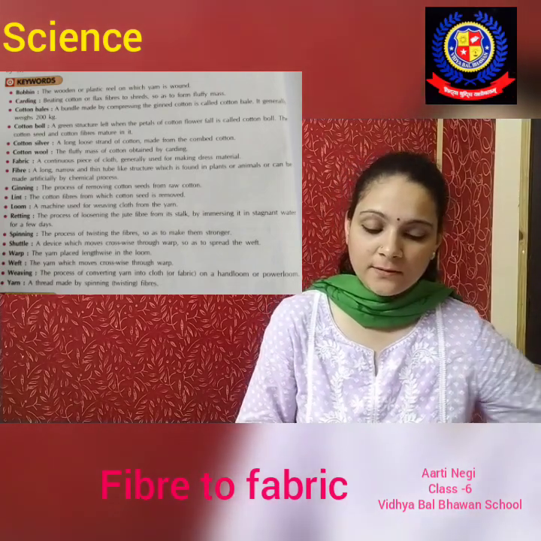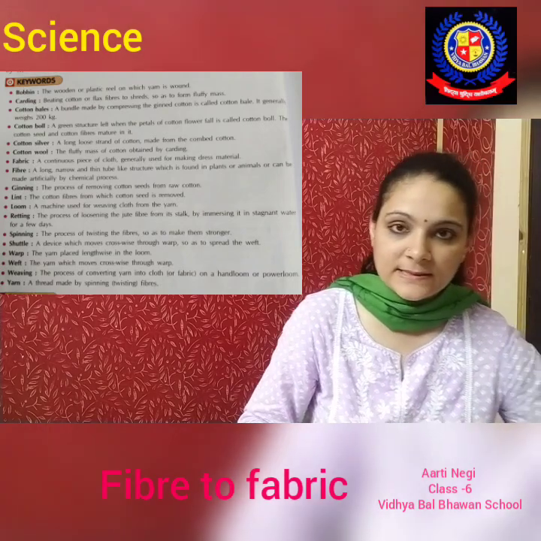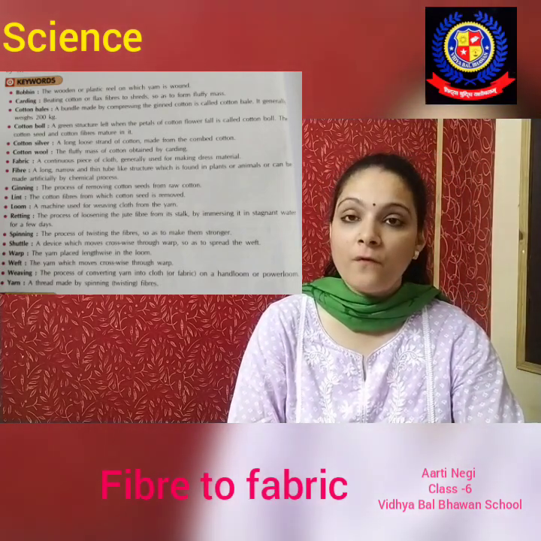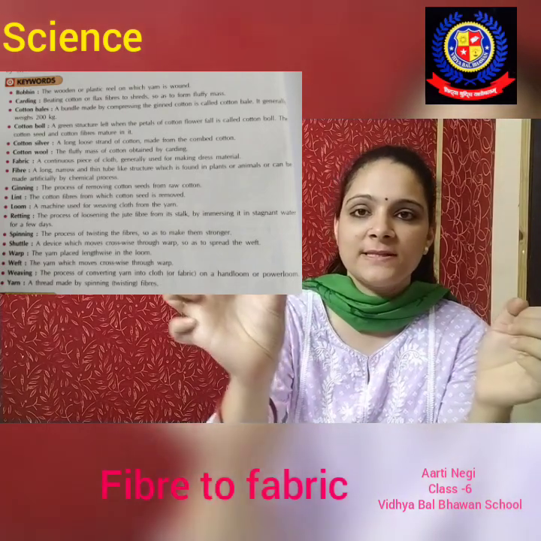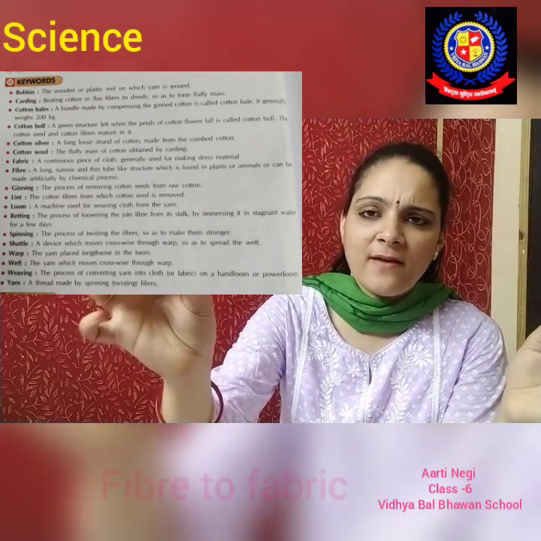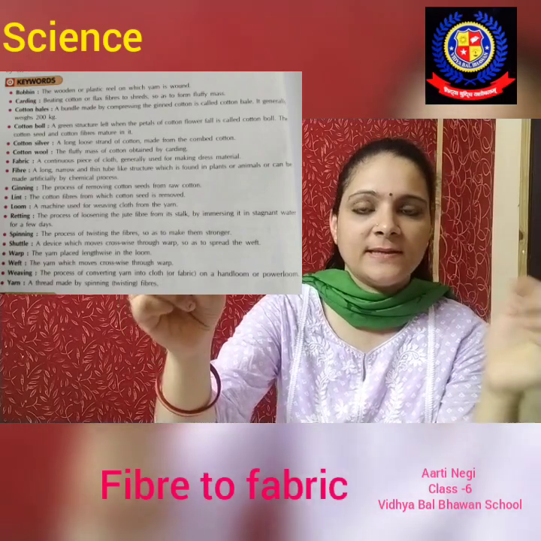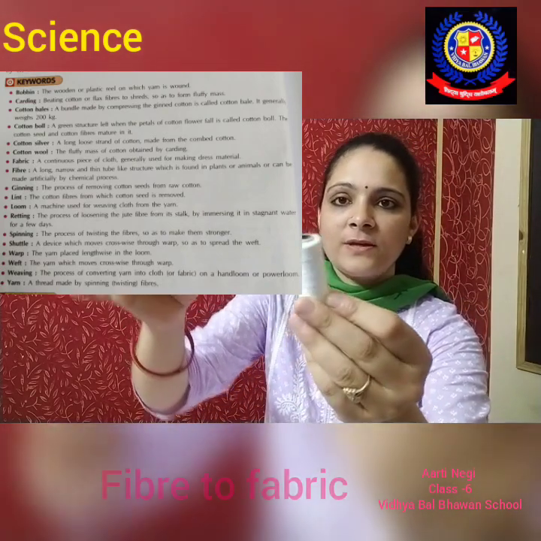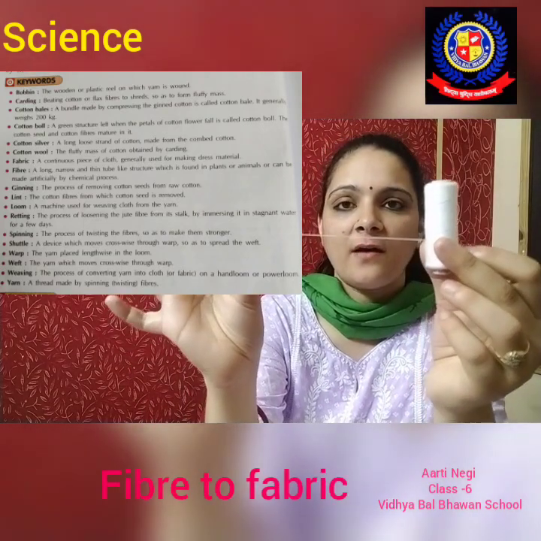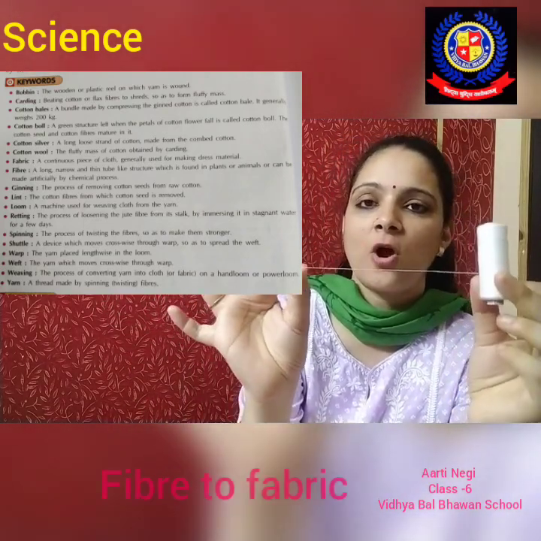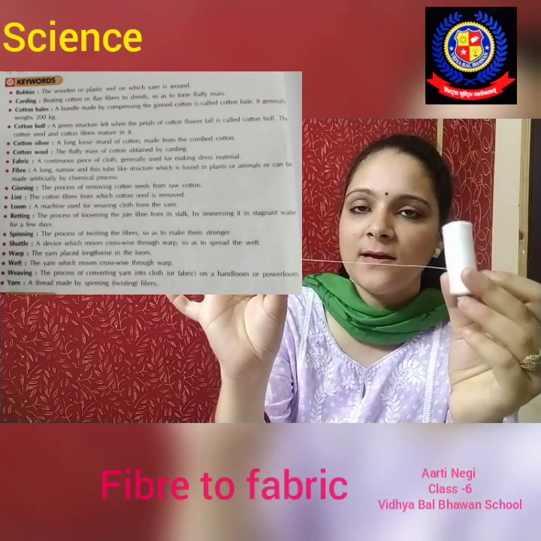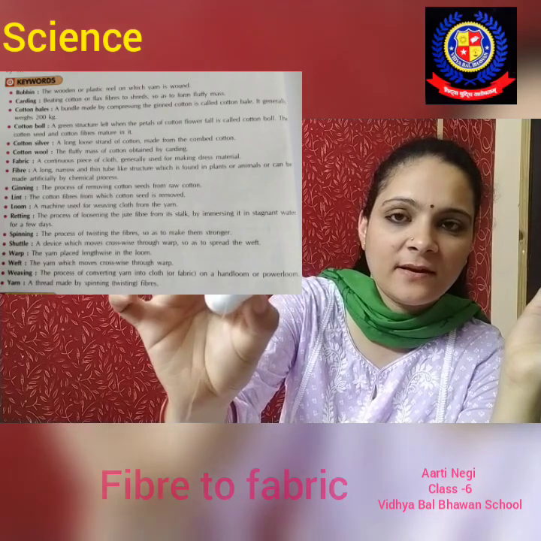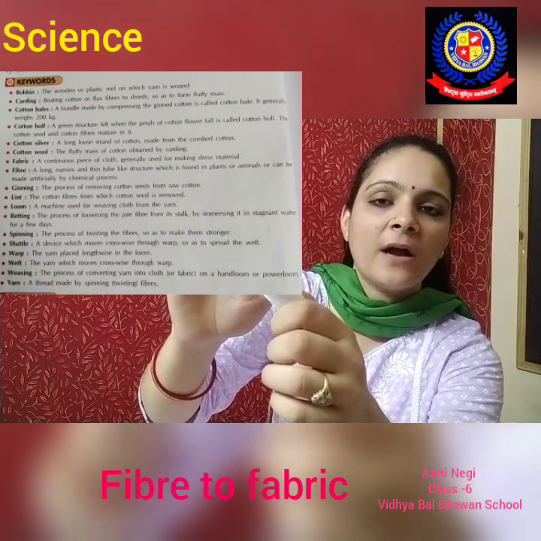Bobbin is the wooden or plastic reel on which yarn is wound. Like here you can see this. You might have this at your homes also. In this condition it is called yarn, and its central piece is made up of cardboard.